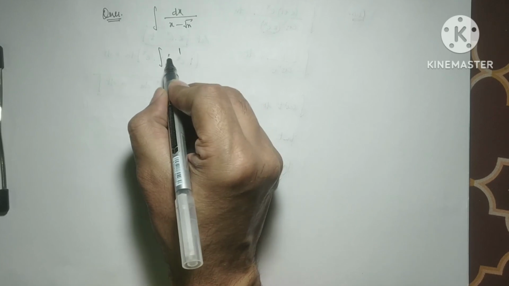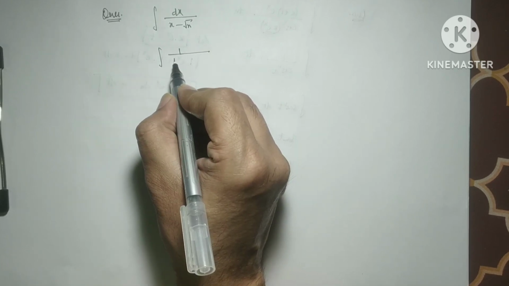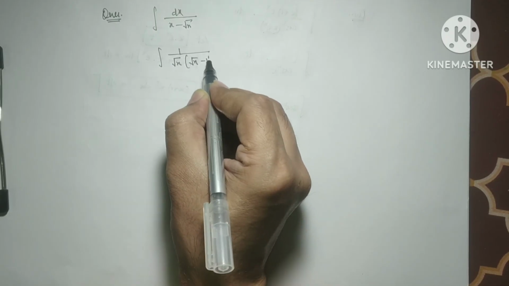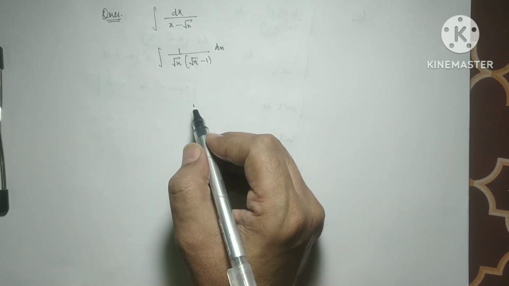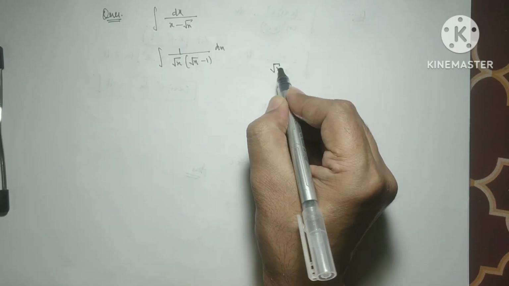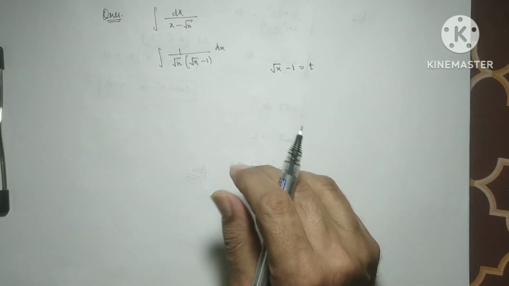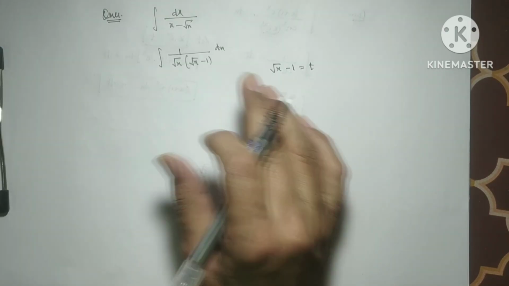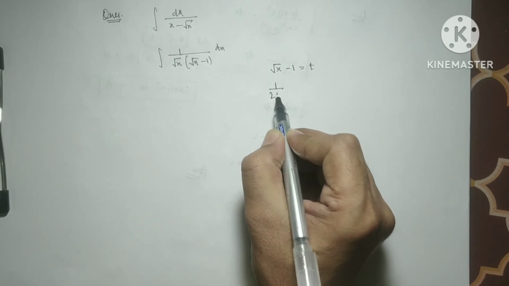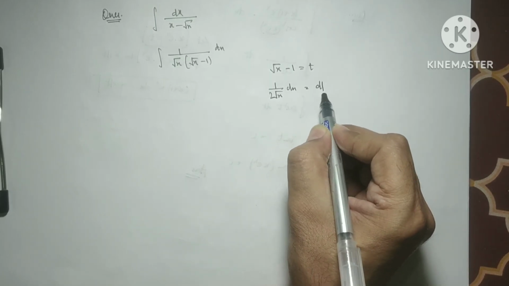Next, the integral of dx over x minus root x. So we rearrange this, and we will take root x as common. We get root x into (root x minus 1), and this is dx. Now we can consider root x minus 1 as t, or you can consider x as t square. So it becomes 1 over 2 root x dx, and it is dt.